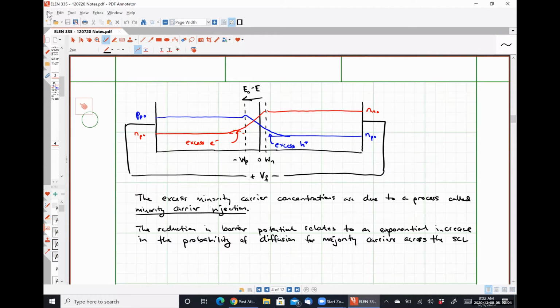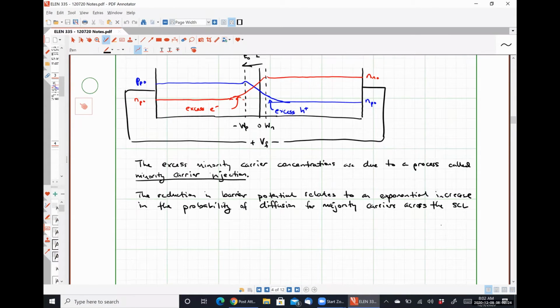We've talked about what's happening under a forward bias condition, where we have excess electrons, or excess minority carriers, on the P side, and we have excess holes, again excess minority carriers, on the N side of the junction.